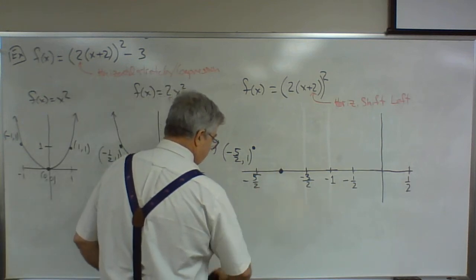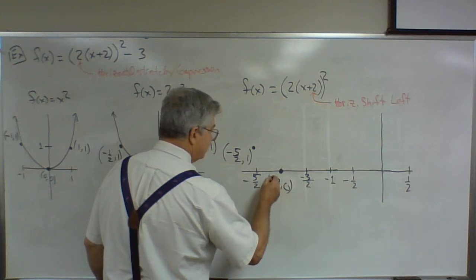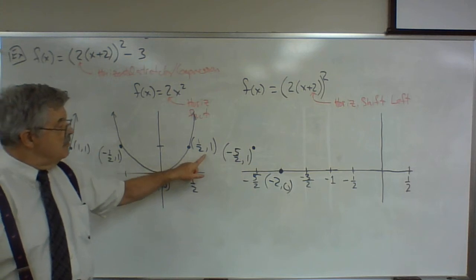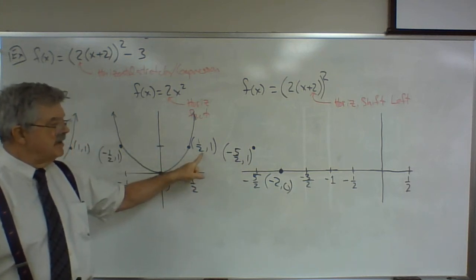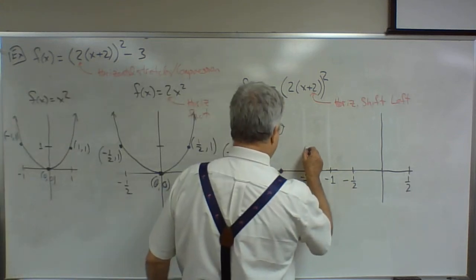No, that's okay. -2, 0, that looks good right there. This point, if I move that 2 units to the left, I take 1/2 and I subtract 2. That's going to give me -3/2.